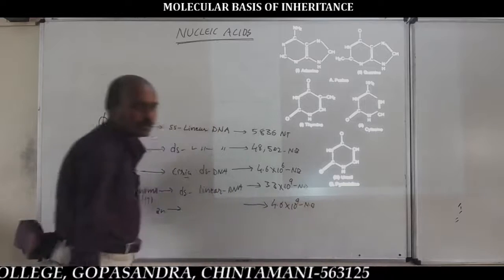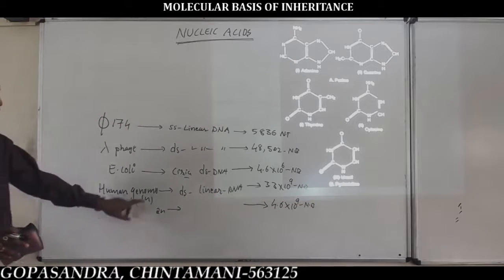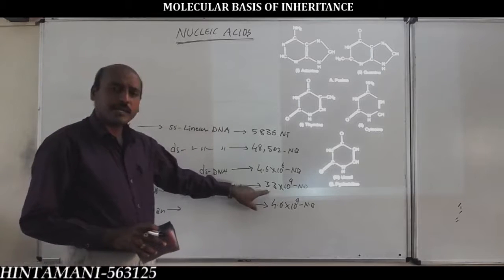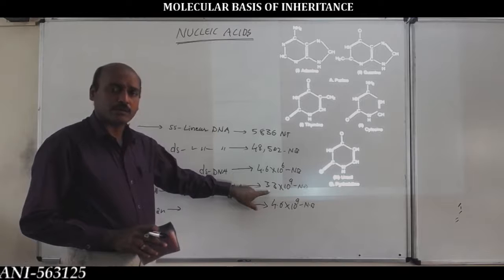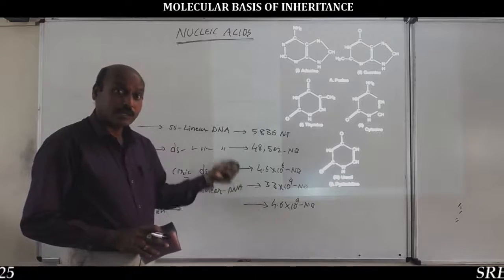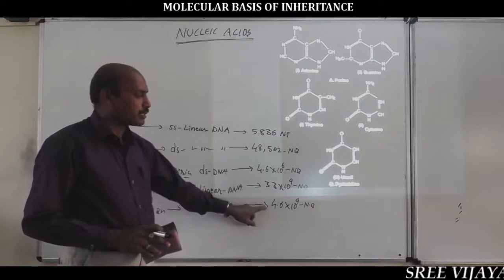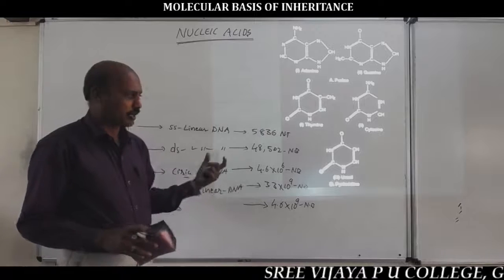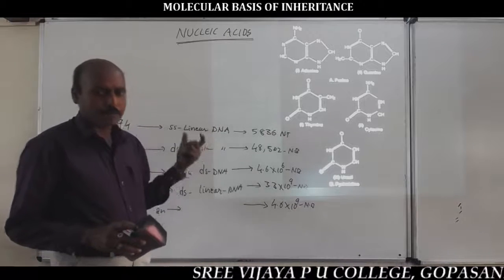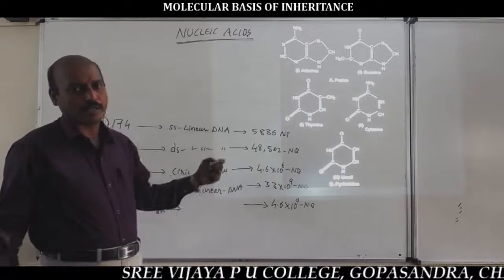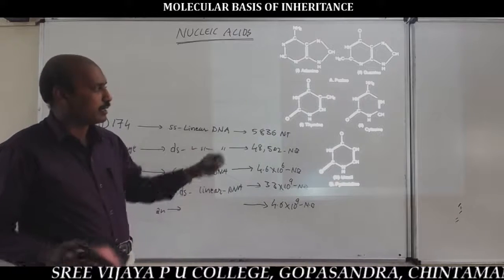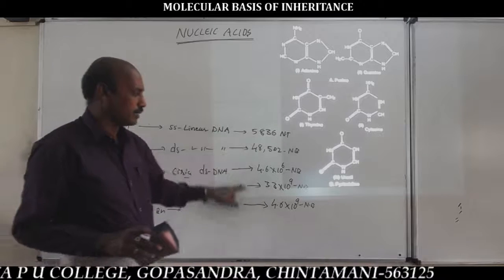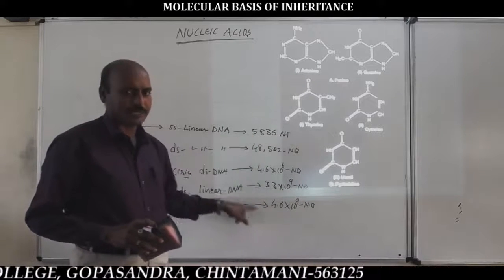So remember, in the haploid cell the number of nitrogen base pairs is 3.3 into 10 to the power of 9, and in the diploid cell it is 4.6 into 10 to the power of 9. These are all examples of the length of DNA depending upon the number of nucleotides or nitrogen base pairs. Very important extra information, useful for NEET and CET.